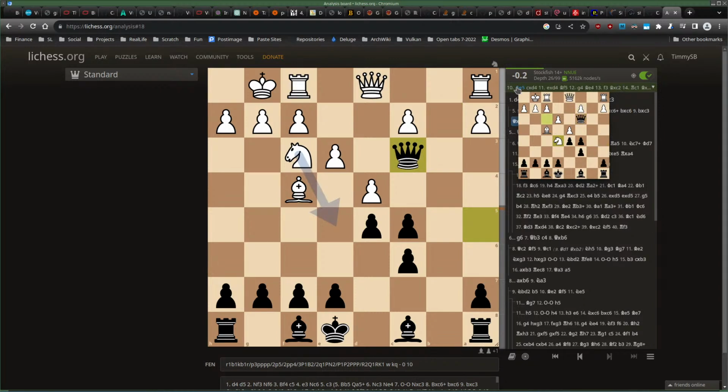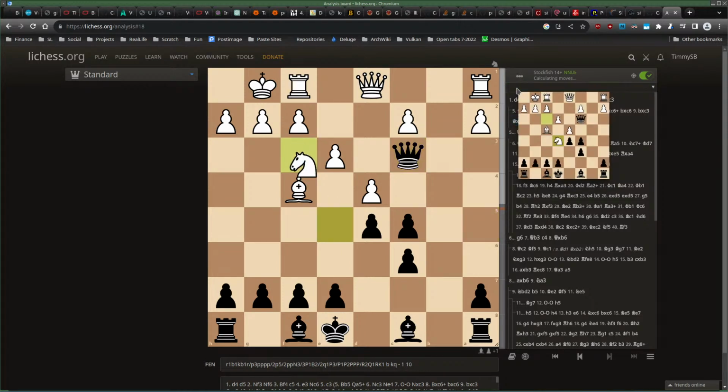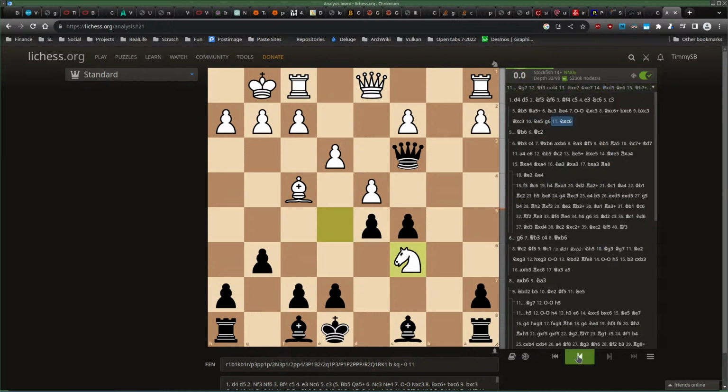And then they are a pawn down. But not really, so just minus 0.2. They immediately win the pawn back. This is also so weird.